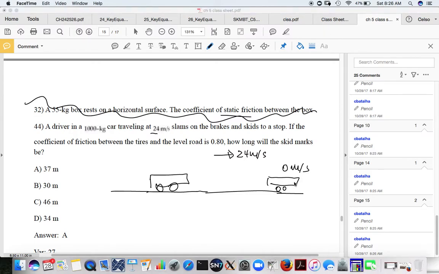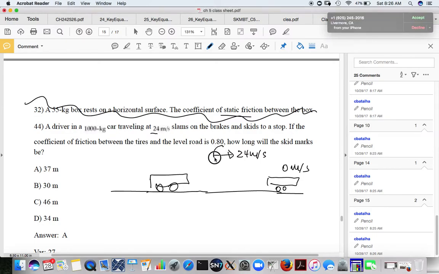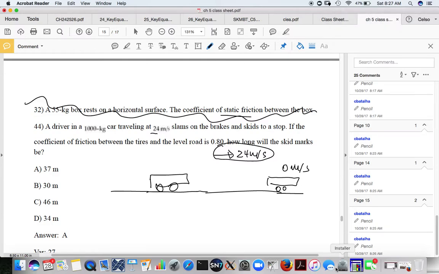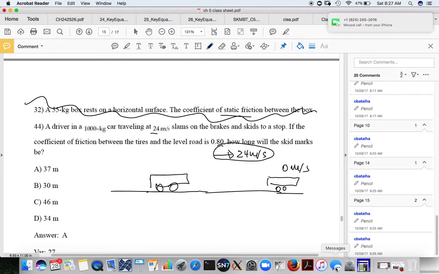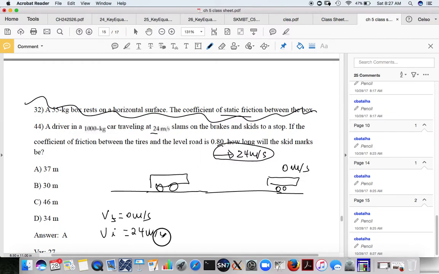So if you assume the decelerating occur, if you assume this deceleration goes on in a uniform way, so you have a final velocity, the initial velocity, and then you can find information, right?